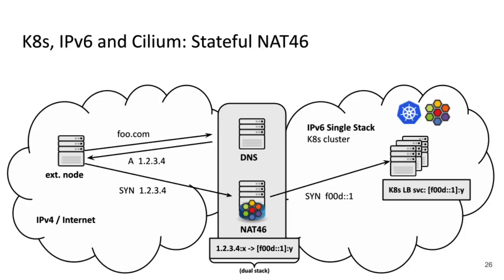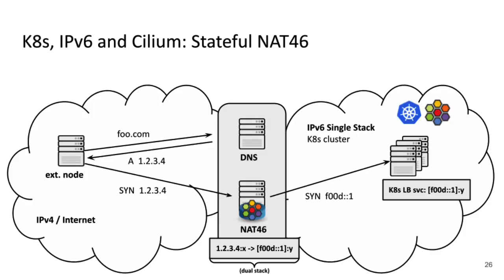Now, last year there was a KubeCon session by Nikolai and Daniel, which covered this use case, and I helped with the session by creating a couple of demos, and I'll show you some of the demos shortly. But we're going to be reviewing NAT46 and NAT64 in the rest of this video.